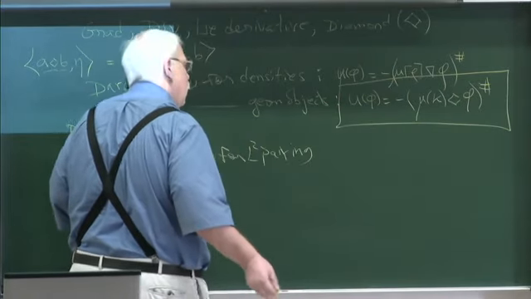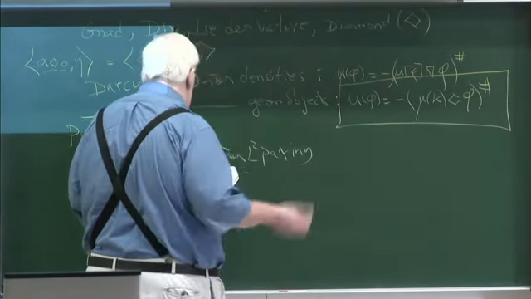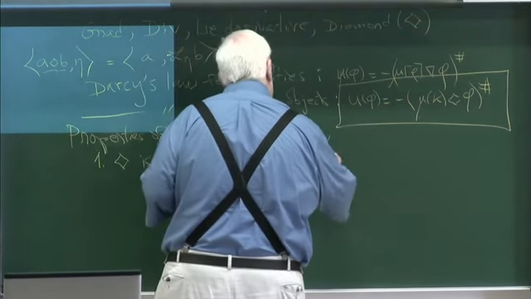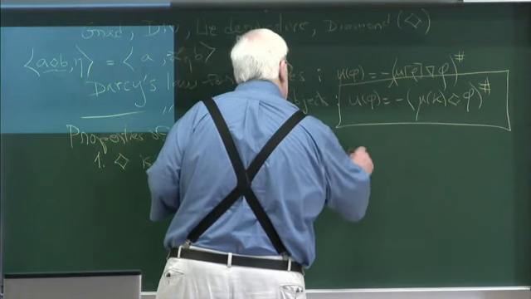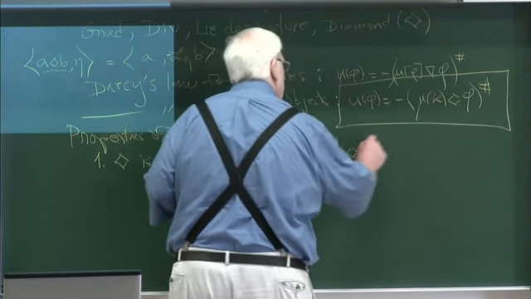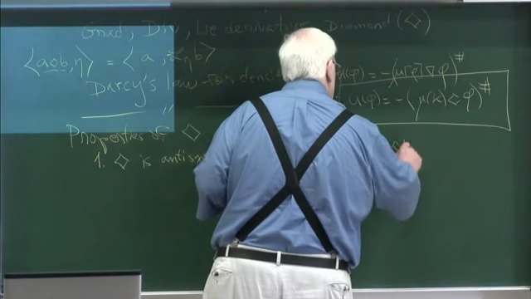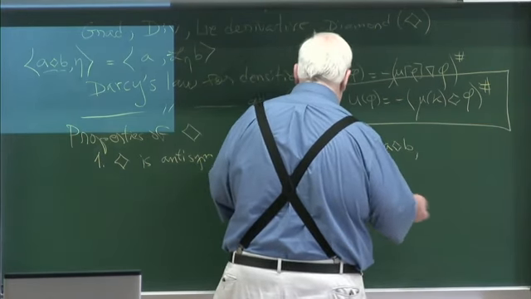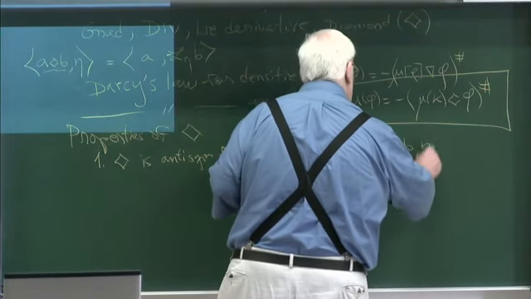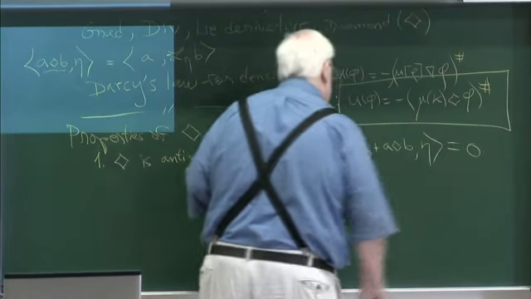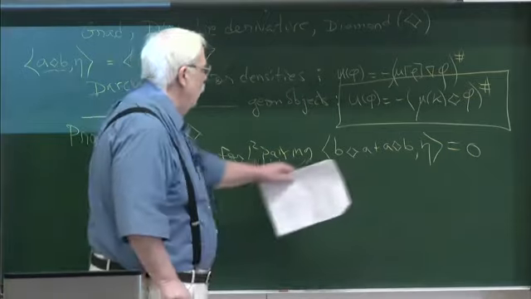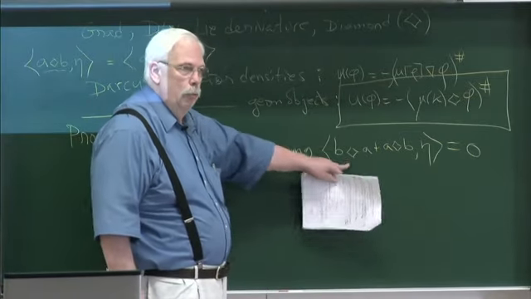Just like when you integrate by parts, you change the signs. It's antisymmetric, and that means that B diamond A plus A diamond B paired with some vector field is 0. So we can replace B diamond A with minus A diamond B.